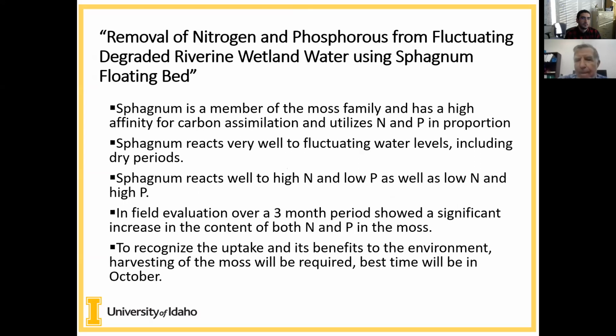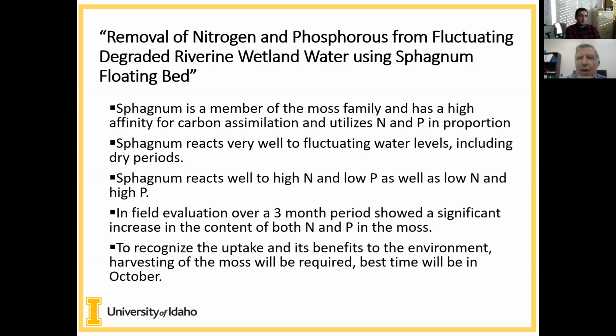Our next RPA is called removal of nitrogen and phosphorus from floating degraded river and wetland water using sphagnum floating bed. Sphagnum is a member of the moss family and has a high affinity for carbon assimilation and utilizes nitrogen and phosphorus in proportion to its assimilation of carbon and in proportion to its growth.